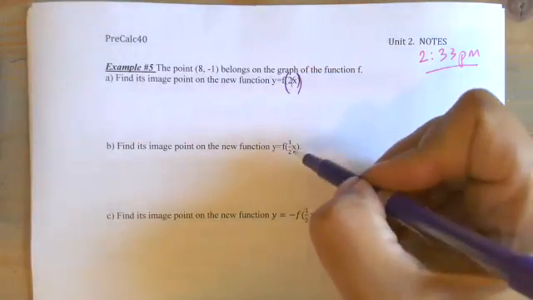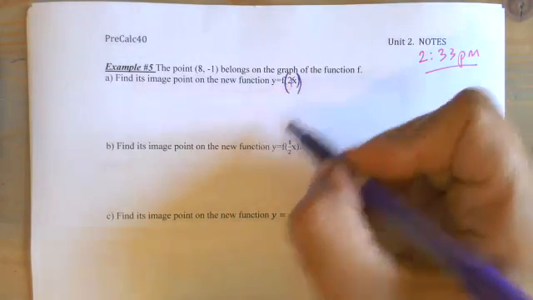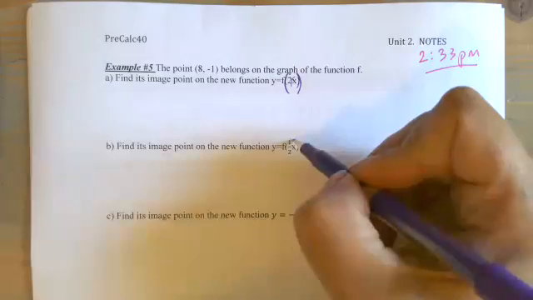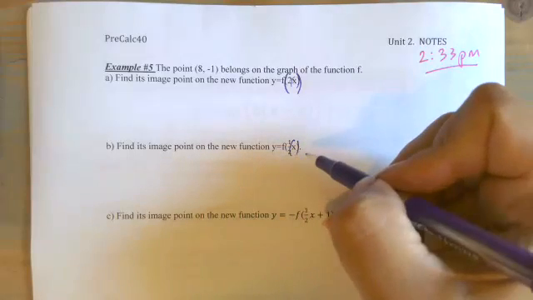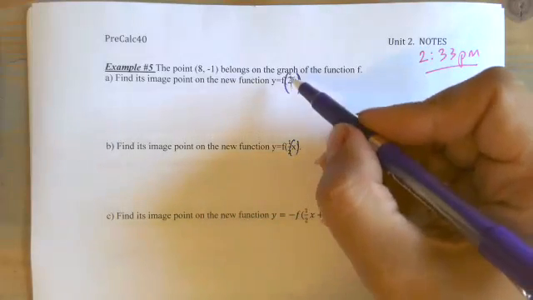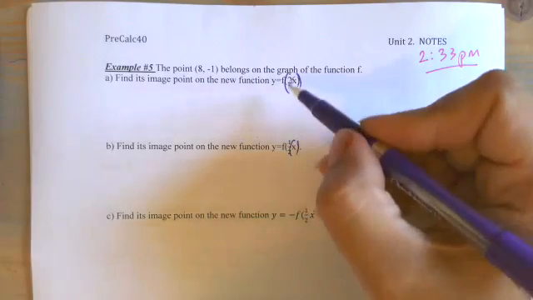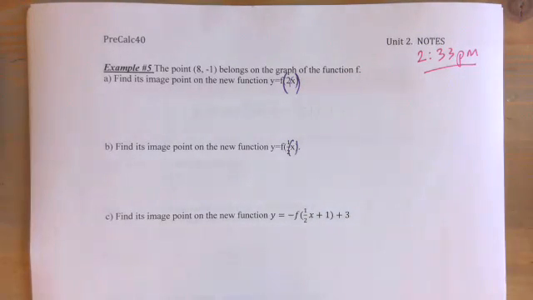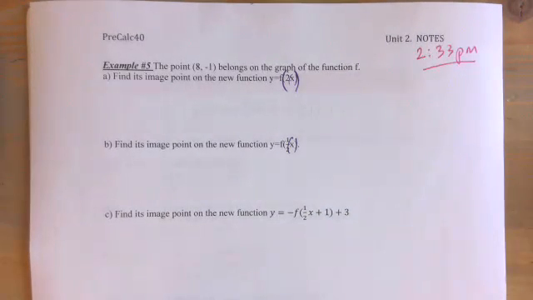For both of these questions, for both f of 2x and this one, y equals f of 1/2 x, when you factor out that x, it won't affect anything else. But you always want to get into the habit, right? So you don't forget, because in this question here, that's going to matter. So let's tackle A and B first, and then we'll get to C later.